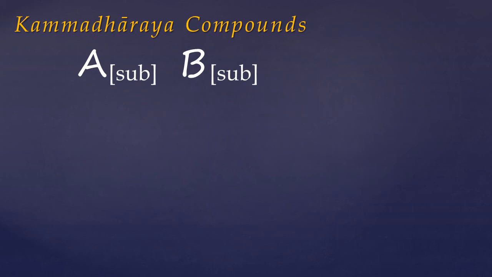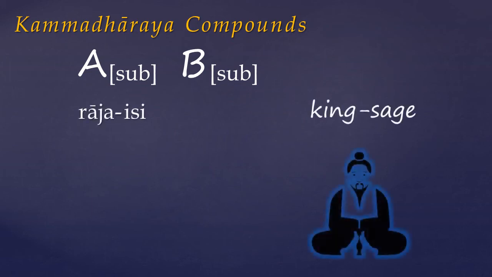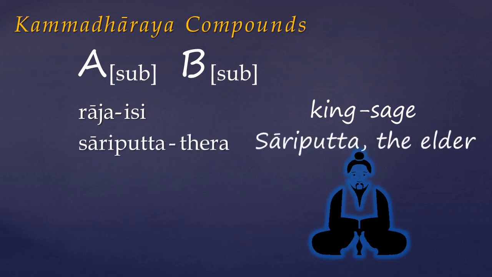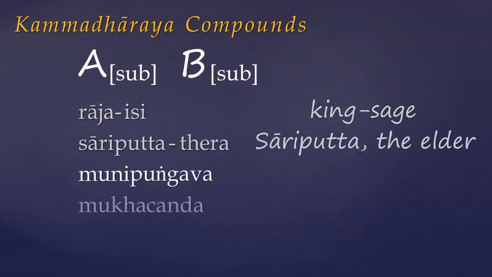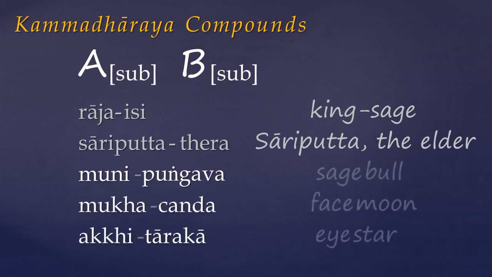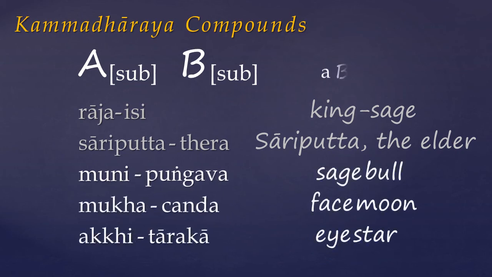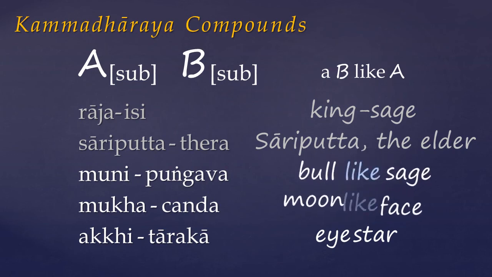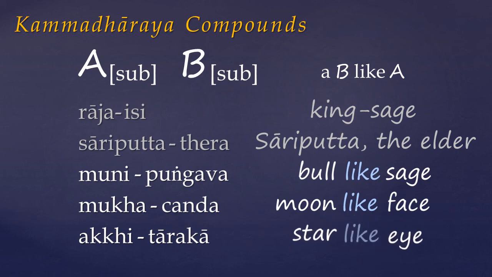And a Karmadhāraya may consist of two substantives that are either in apposition, that's where they both describe or refer to the same object, the king sage, and you may often find names and titles combined in this manner, or the substantives may express a simile or comparison, which follow the formula a bee like a bull, like sage, a moon-like face, star-like eyes.